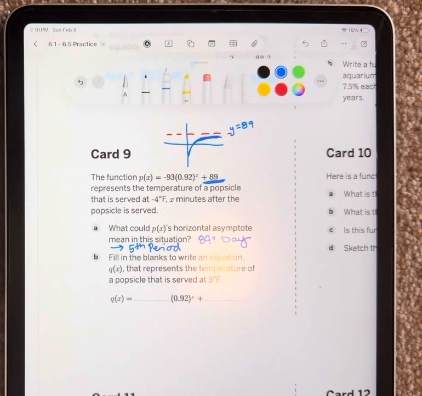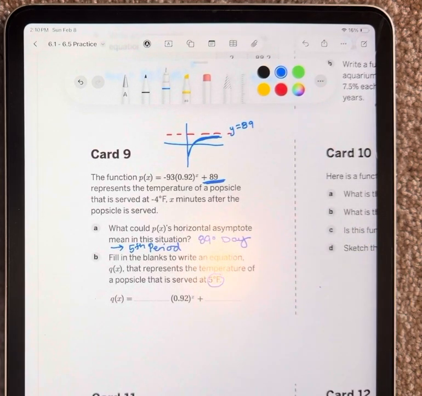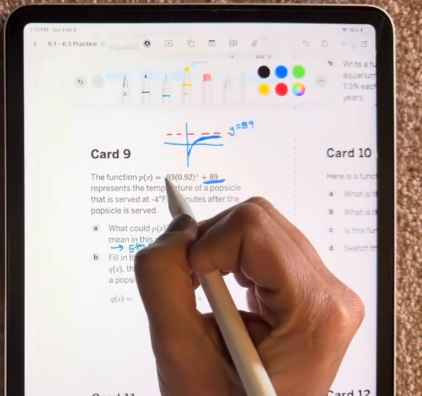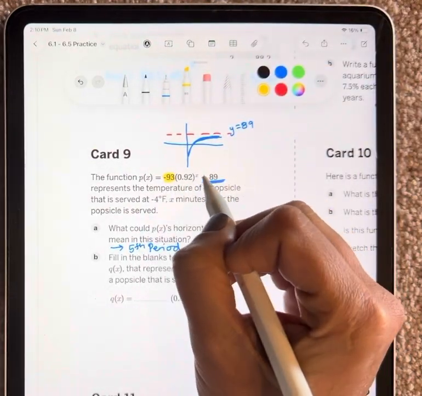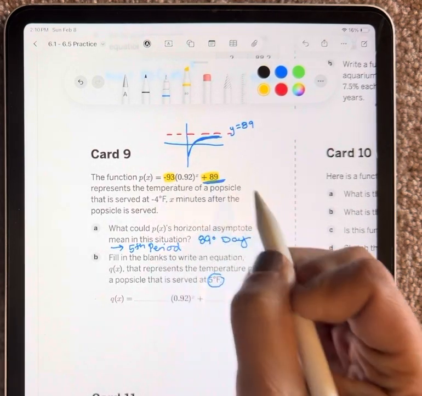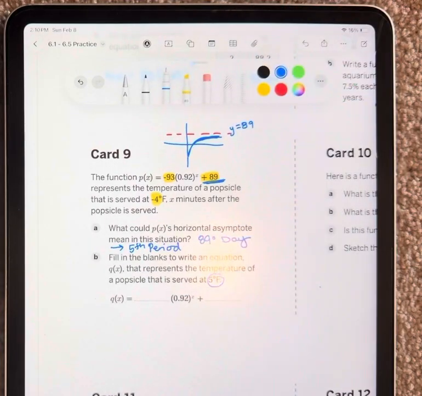Fill in the blanks to write the equation so that it represents the popsicle being served at 5 degrees. So this part is not different, you guys. The original temperature is still this plus this. All right, so this plus this is -4. Now we need to come up with two numbers that when added together make 5, okay?